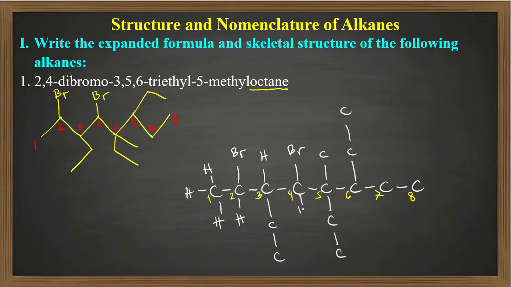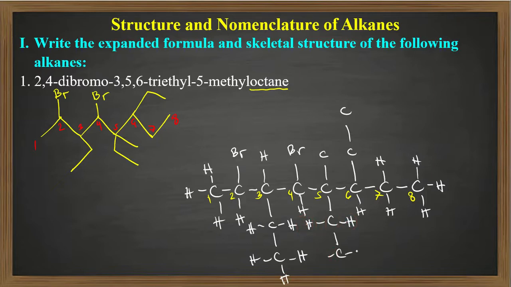So hydrogen here, another hydrogen here, hydrogen, hydrogen, hydrogen, hydrogen, and then another hydrogen here. And then yung mga substituent natin, may hydrogen din sila. Another hydrogen here, another hydrogen. Alright. Madami. And then this one here also, naa siya hydrogen.